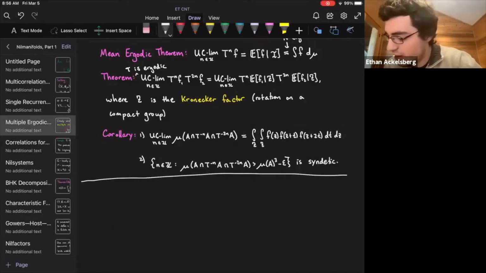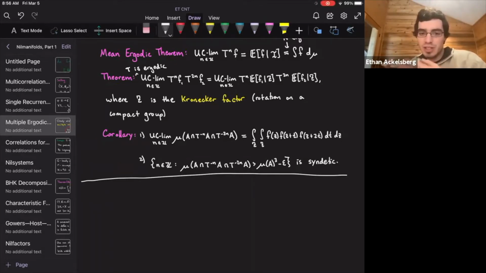One way of defining a factor is actually just to take some T-invariant algebra of functions.